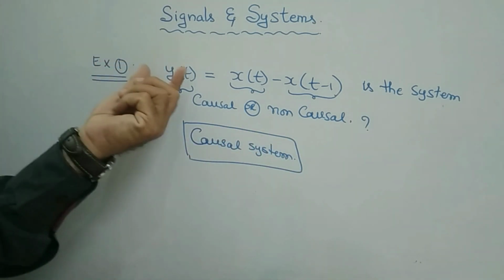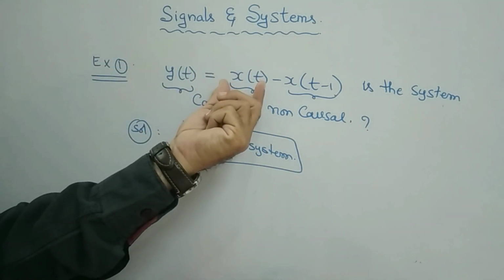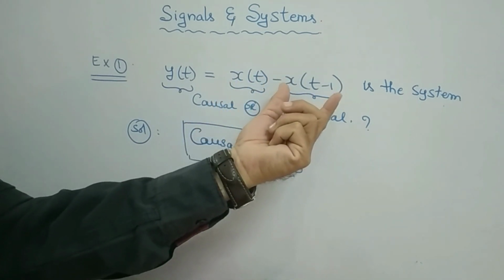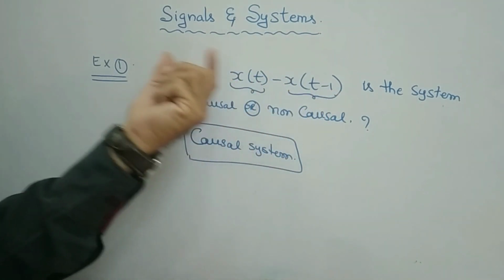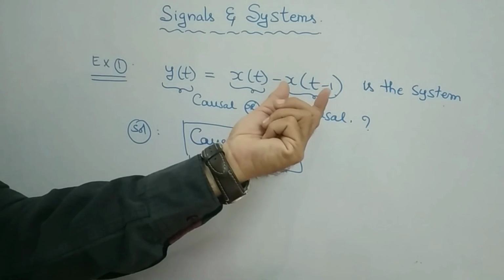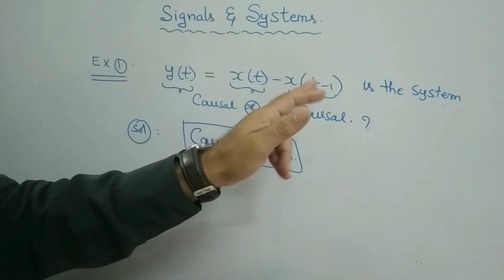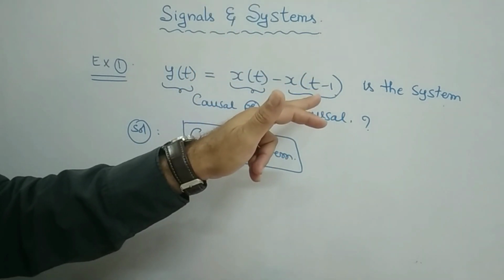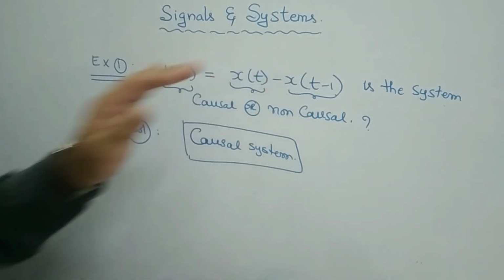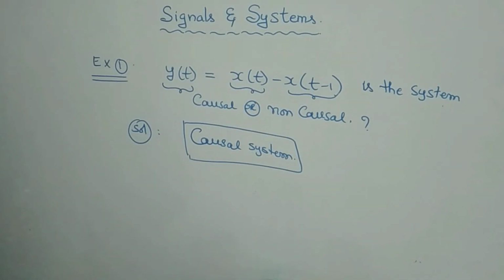Because the present output depends on the present input as well as the past input. It depends on present values and past values, so there is no future component here. Therefore, it is a causal system. This is an example of a causal system, right?